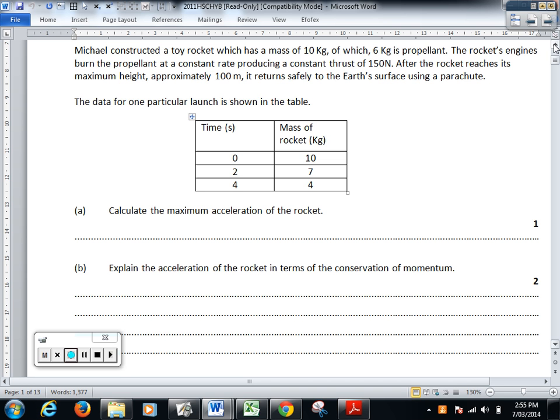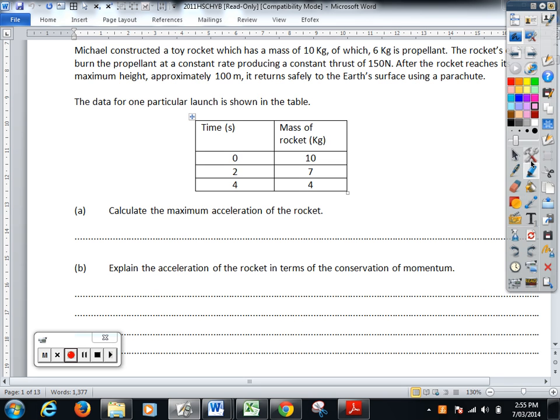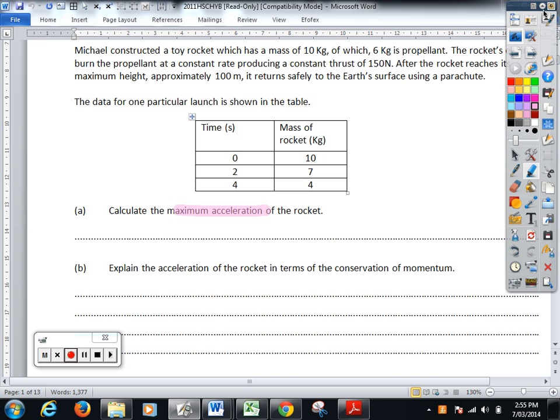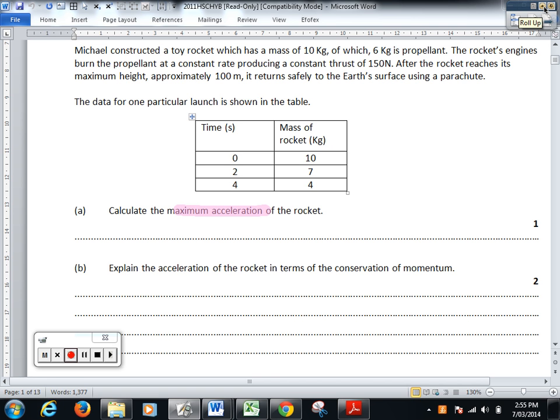Just take a few moments to highlight to yourself some of the major pieces of information in that question. Right, now that you've read the question and we have taken in all the information, we now need to start working out the question itself, which says we're going to calculate the maximum acceleration. Now, for the maximum acceleration we're going to use this formula, and it is not a formula that's on our formula sheet, it's one of the ones that we have to memorise.